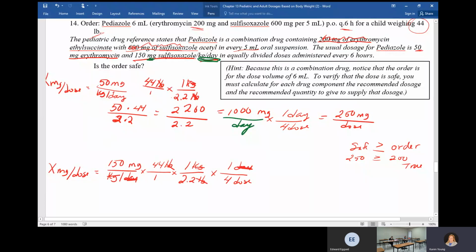So 150 times 44 is 6,600. And then times 4 is 8.8. So 6,600 divided by 8.8.